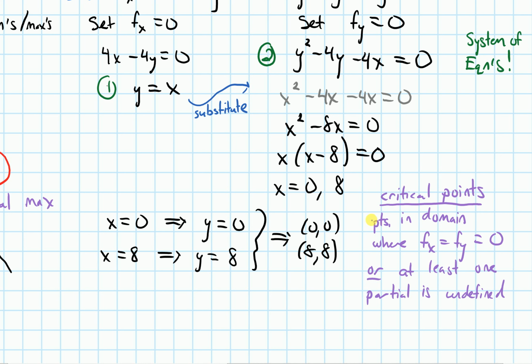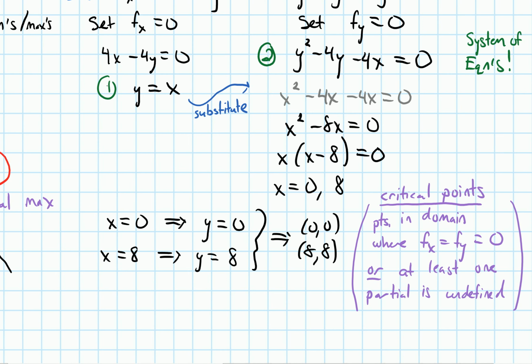Okay, so that's what makes a critical point for a multivariable function like this. Either all the partials have to be equal to 0 at that point, or at least one of the partials has to be undefined at that point. And that point needs to be in the domain of the original function.